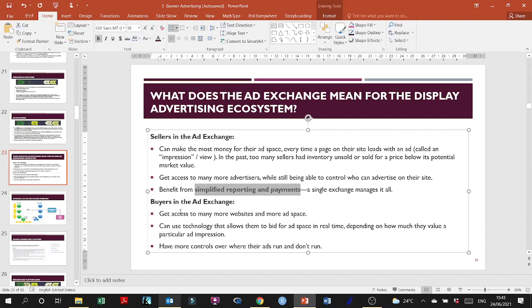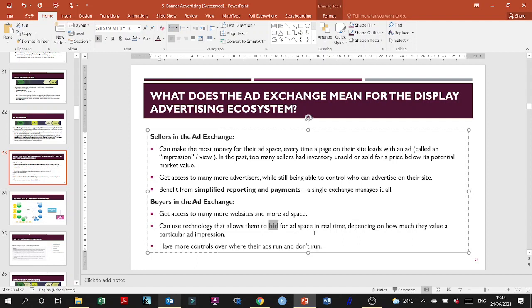Now let's talk about buyers in the ad exchange. They also get access to so many different websites, meaning many different impressions and audience. They can also use technology that allows them to bid for an ad space. So basically, instead of paying a flat rate, you will pay based on the intent value.